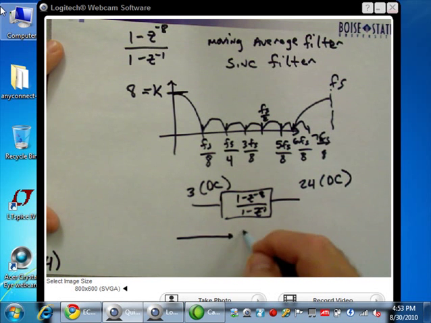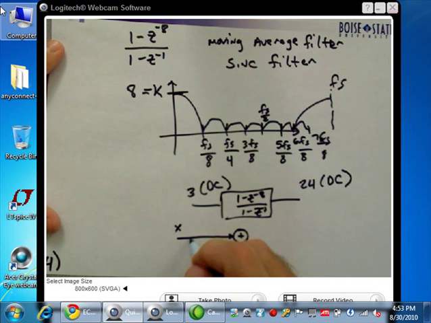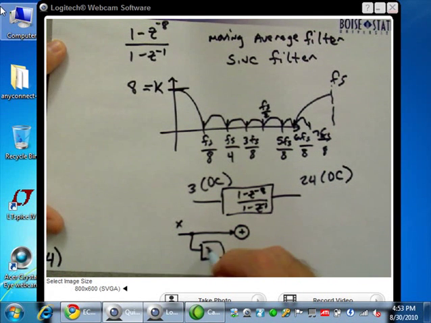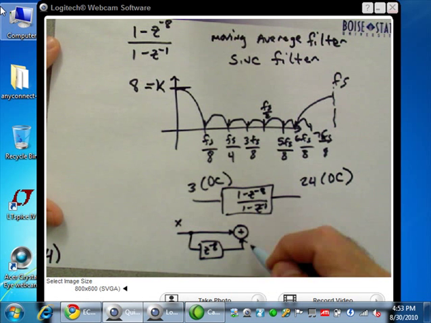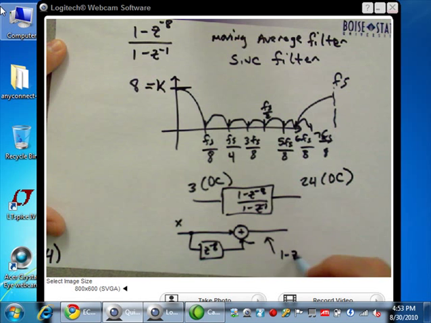That would be like this. This would be X, and then what would I have down here? Yeah, 8 registers. And would it be adding or subtracting? Subtracting. And this is now 1 minus z to the minus 8.